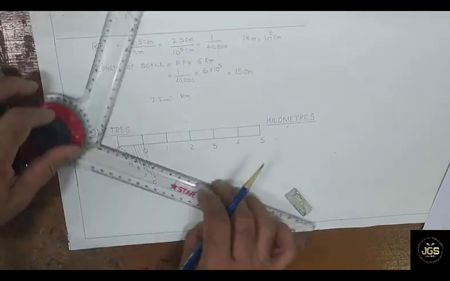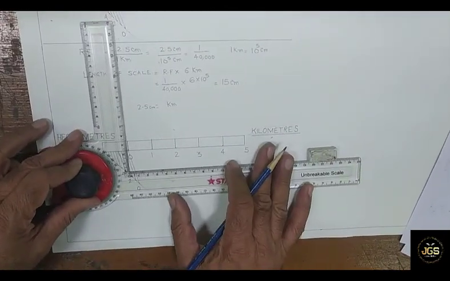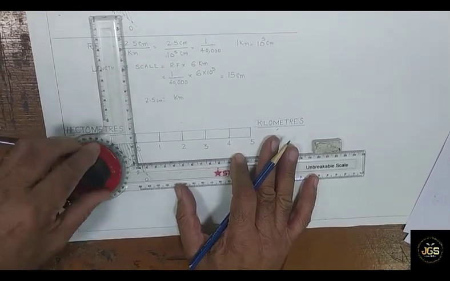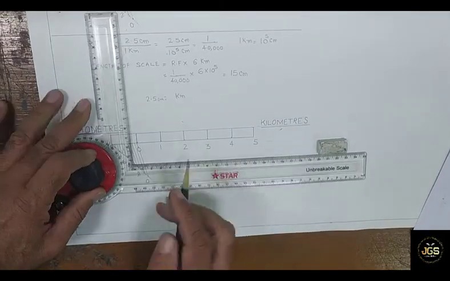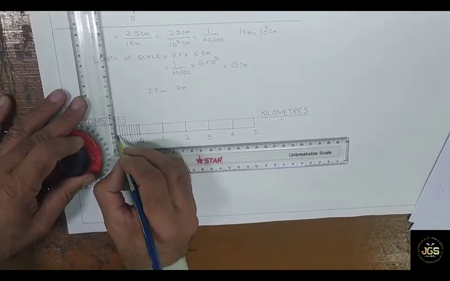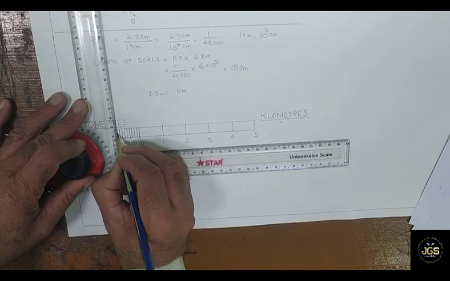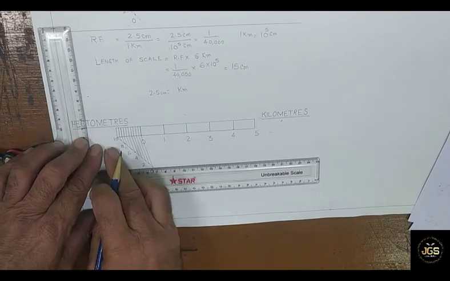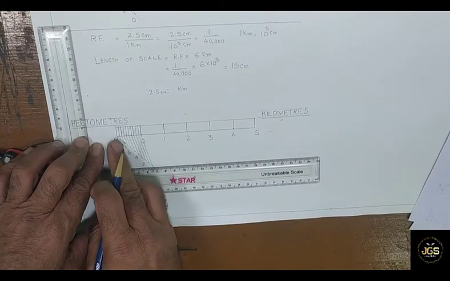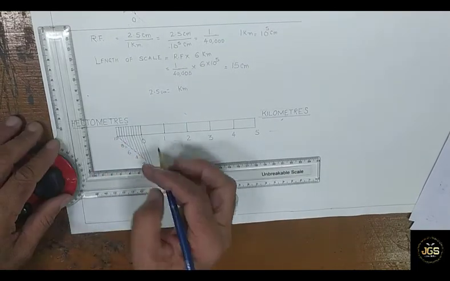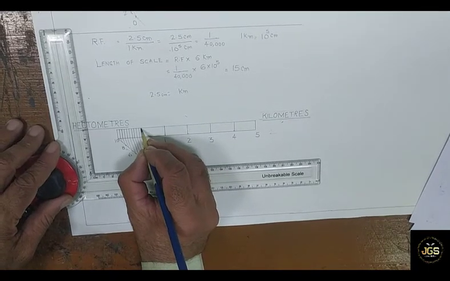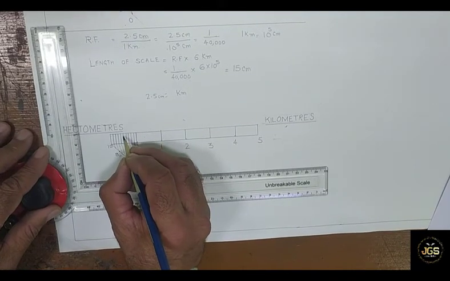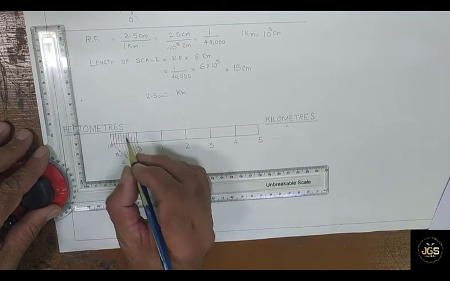Now you can draw the vertical lines parallel to this through these divisions. So 0 to the right hand side are kilometers, and to the left side, these 10 equal spaces are hectometers. So this is 0 hectometer, 1, 2, 3, 4, 5, 6, 7, 8, 9, 10 hectometers.